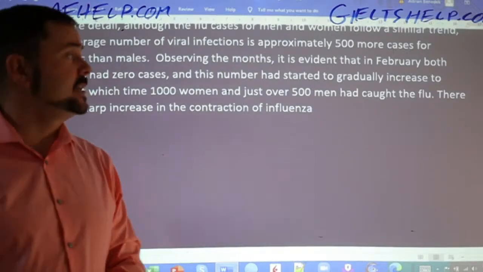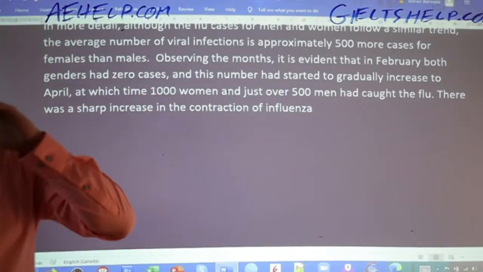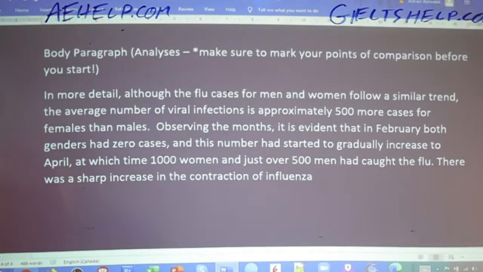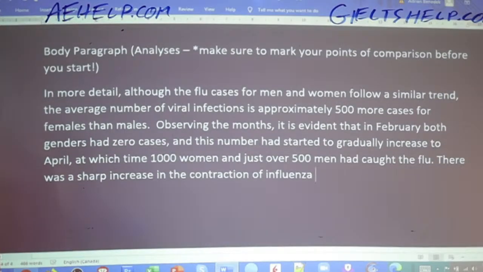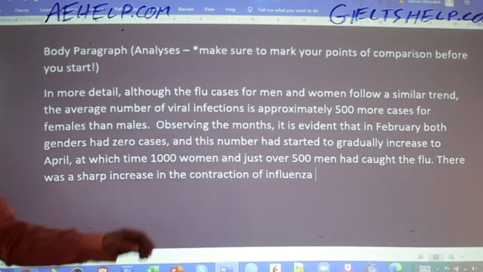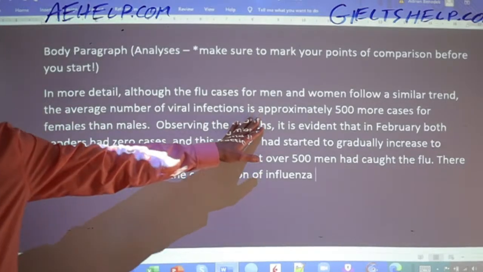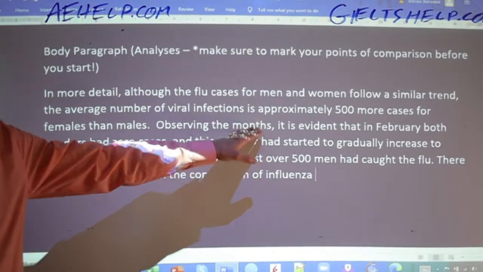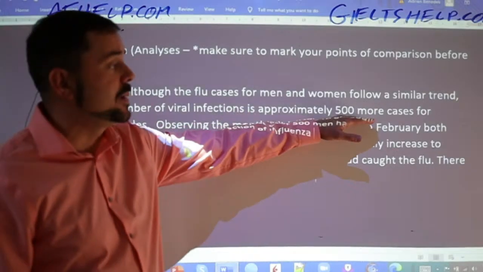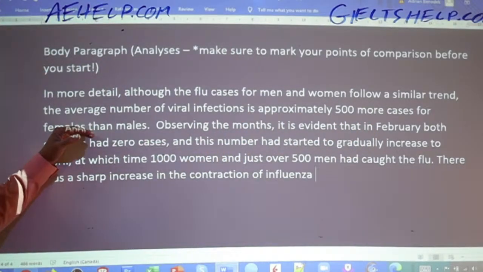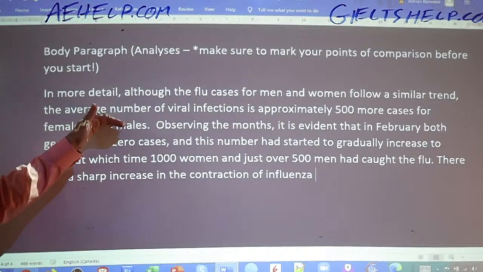10, the first sentence of this does not have to be in the past. Let's see. Yeah, so here I'm using the present tense. Very good question, 10. I'm using the present tense because I'm referring to the graph. The average in the graph is current. It's right now. I'm looking at it, okay?